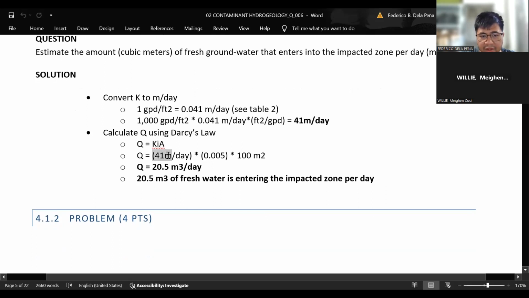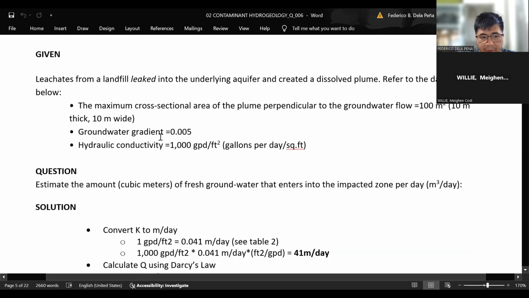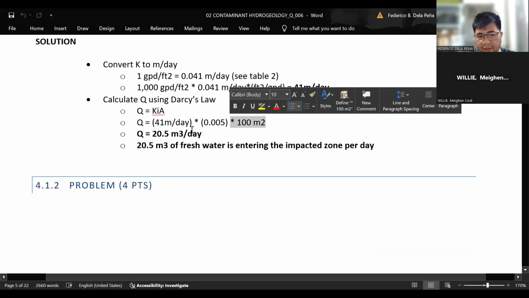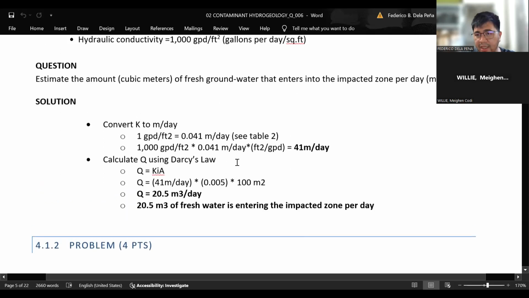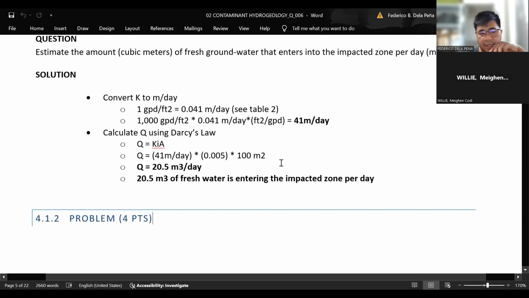Your hydraulic conductivity is 41 meters per day, your gradient is 0.005, and your cross-sectional area is 100 square meters. That will give you 20.5 cubic meters per day. And that is the amount of fresh water entering the impacted zone per day.